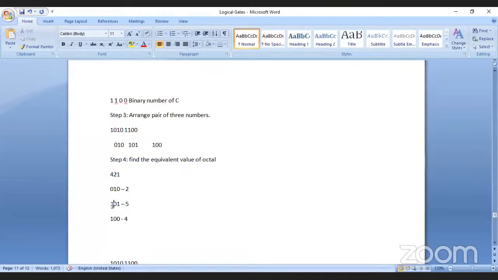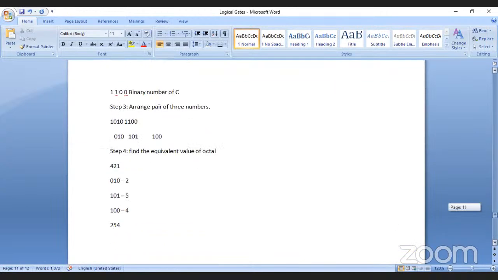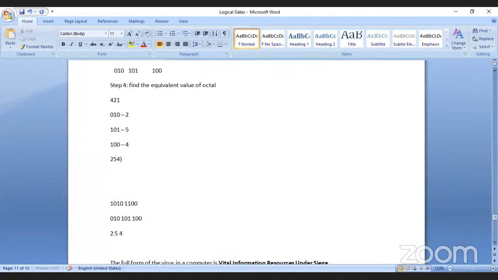In the next case, wherever I have 4, I have 1, and in the place of 1, I have 1, so 4 plus 1 is 5. In this one, I have only the 4th position, so it is 4, and the remaining are 0. So the answer is 254, that is 254 base 8.